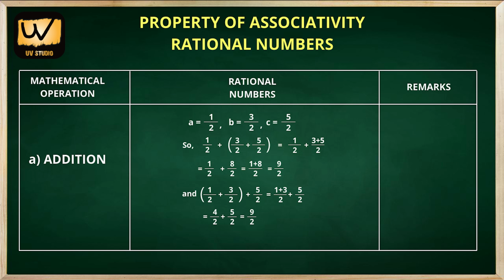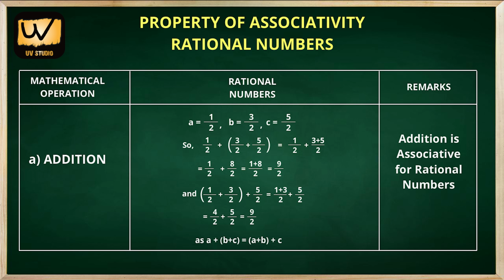That will give you 4/2 plus 5/2, that is 9/2, the RHS. Remember the LHS was the same. So A plus (B plus C) is equal to (A plus B) plus C. What is your remark? Addition is associative for rational numbers.